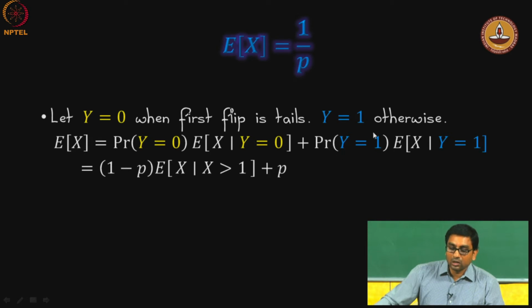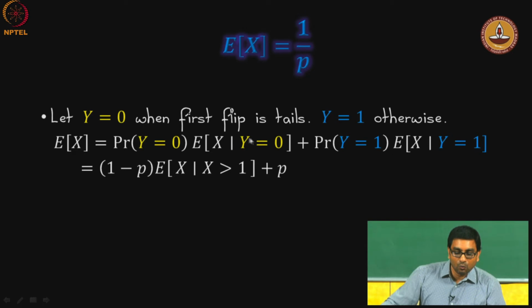When Y equals 1, what does that mean? It just means that the very first coin flip was a heads, and this probability itself is p. Then this conditional expectation becomes 1, because in the very first flip you got a heads. In this part, the probability is 1 minus p, but what about the conditional expectation?